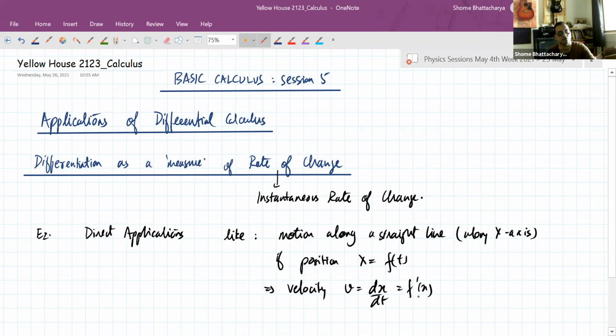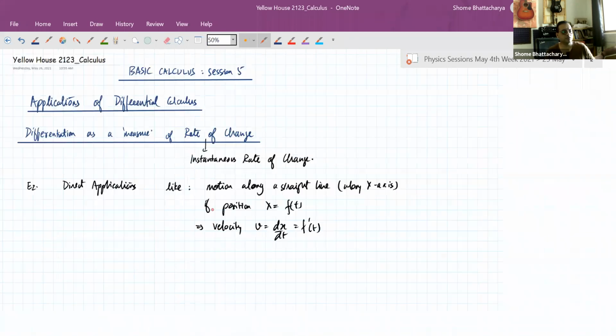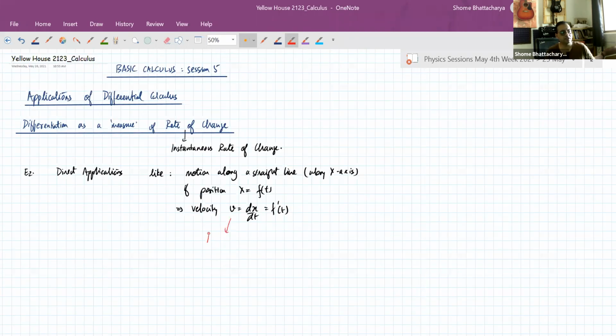So it becomes the derivative of f as a function of t. Here, when we mean the term velocity, immediately we are talking about instantaneous velocity. The default meaning of the term velocity is instantaneous, not average. Just like the default meaning of the term rate of change is instantaneous rate of change and not average.